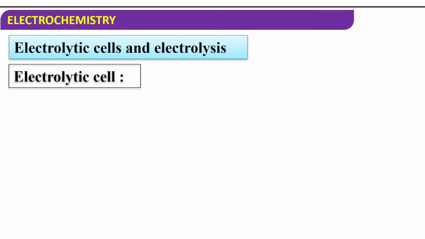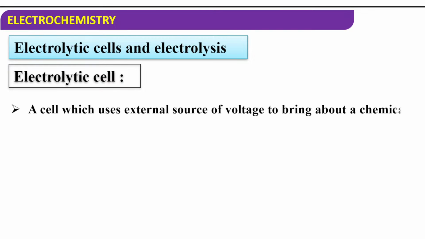But in an electrolytic cell, we use an external source of voltage to bring about a chemical reaction, because the reaction which is going to take place is non-spontaneous. Keep in mind, a non-spontaneous reaction takes place in this type of cell. Got it?